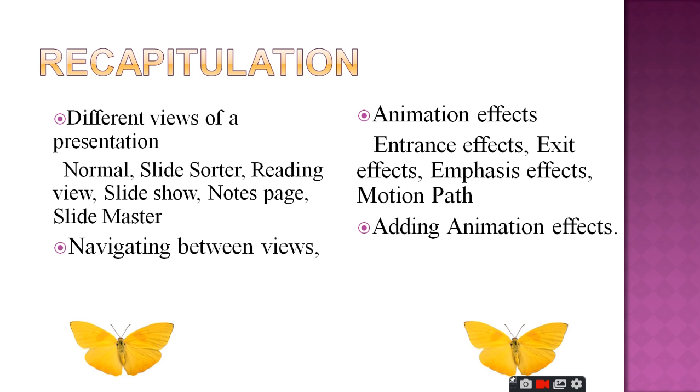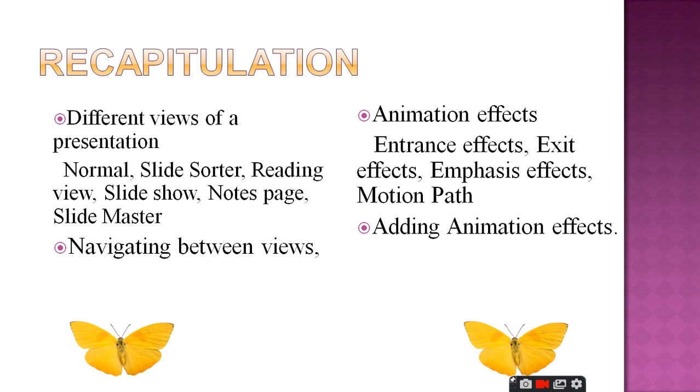And then we also discussed animation effects. The animation effects are of 4 kinds. They are entrance effect, exit effect, emphasis effect and motion path. Entrance effects make an object fade gradually into focus, fly into the slide from an edge or bounce into view.